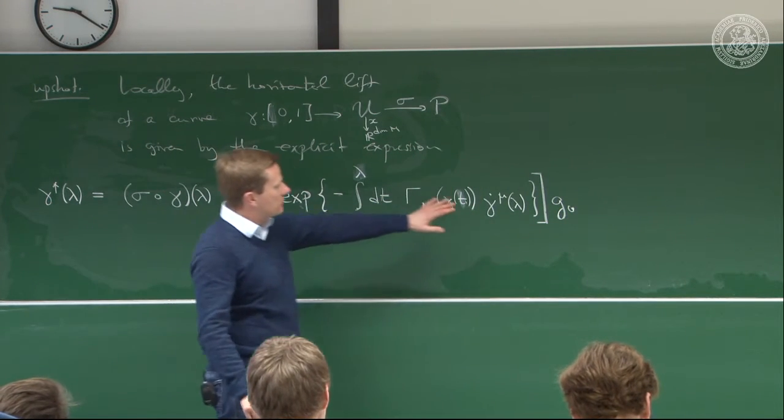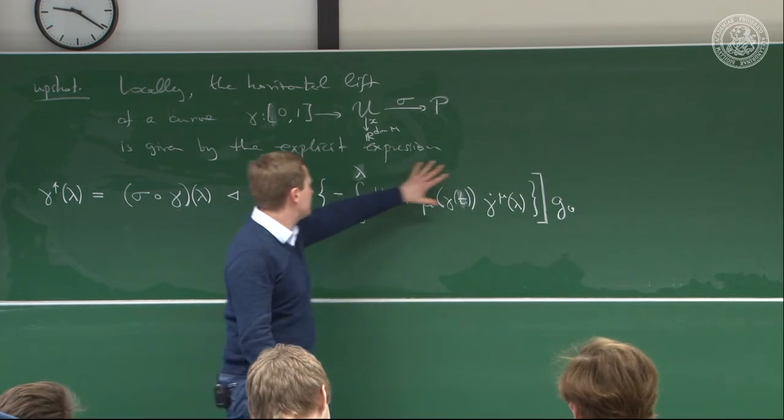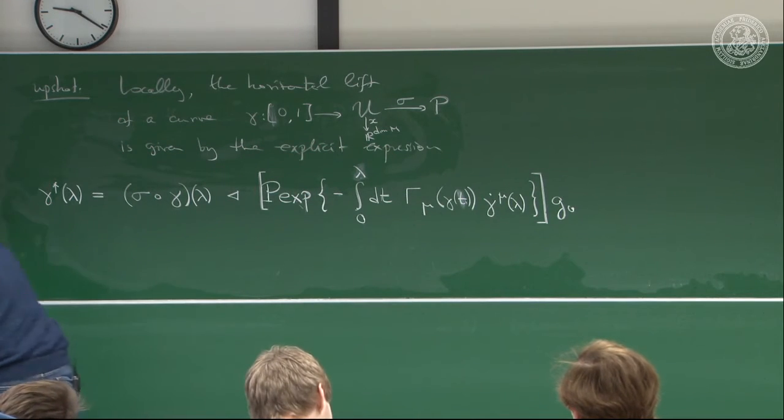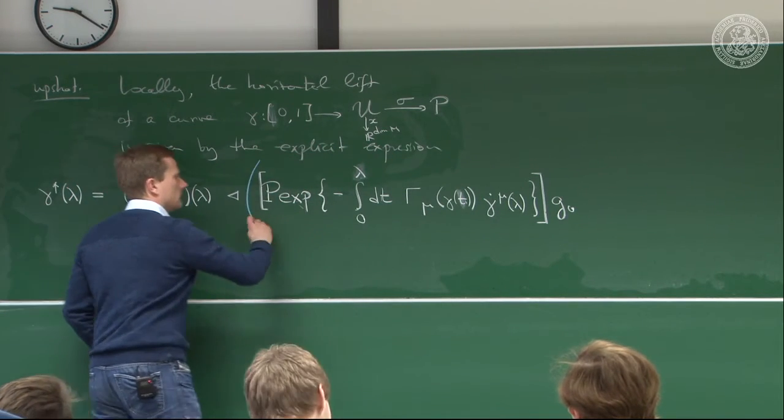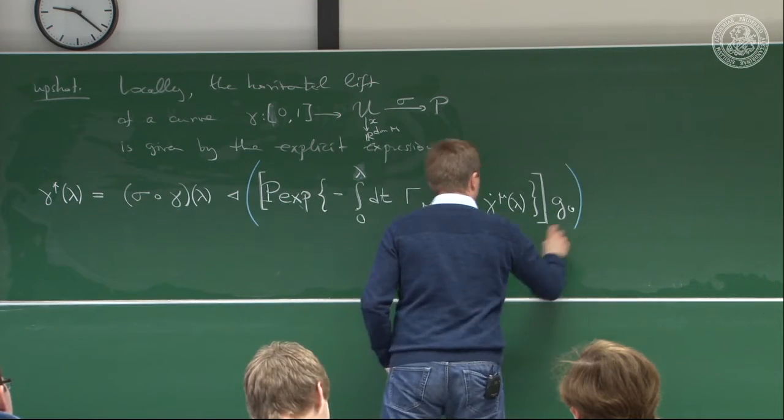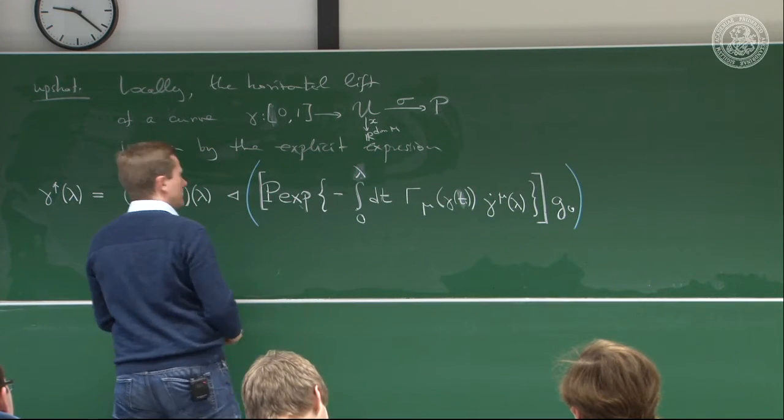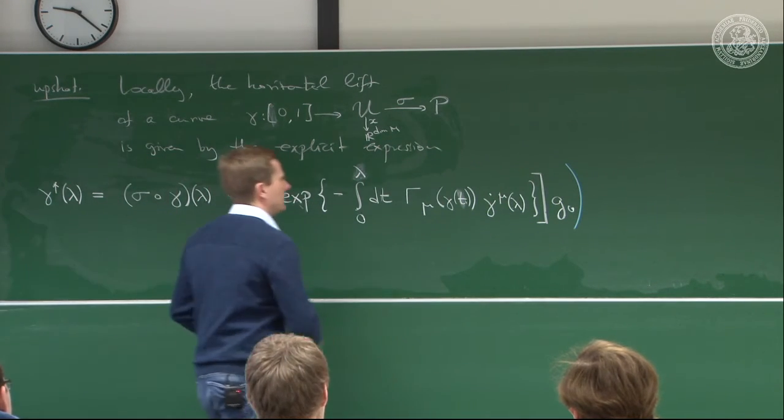But this whole path-ordered exponential, after it was calculated, acts on g0 and produces from one group element another one, and this entire right-hand side is the group element at the point, I wrote lambda here again, this should be t.